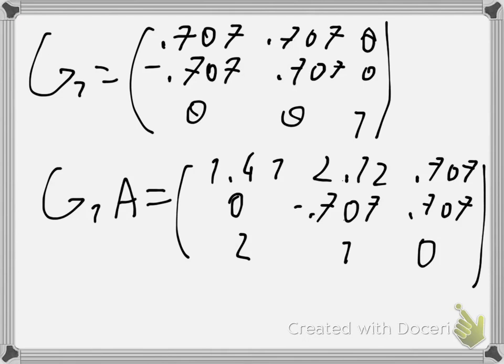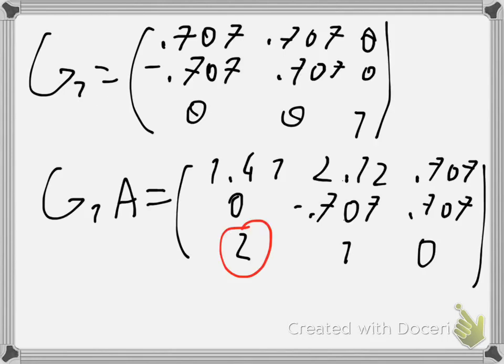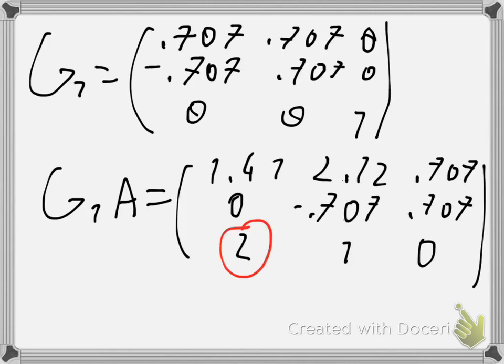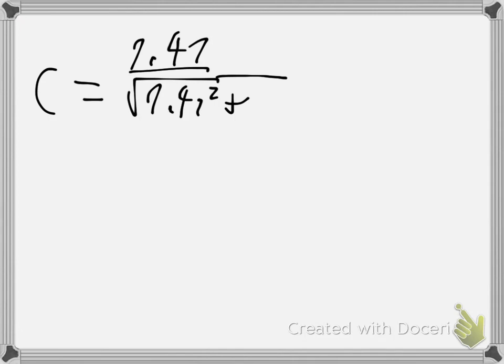Okay, now we want to eliminate this element here. Okay, so we will redo our formula. Cosine is the top element of the vector, so 1.41 over square root of that element, 1.41 squared plus the element we want to eliminate, so 2 squared.